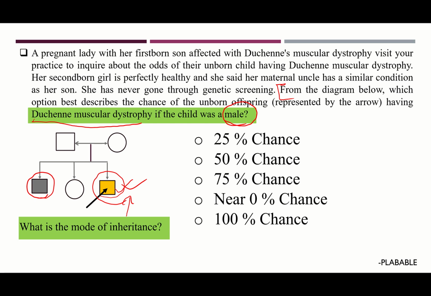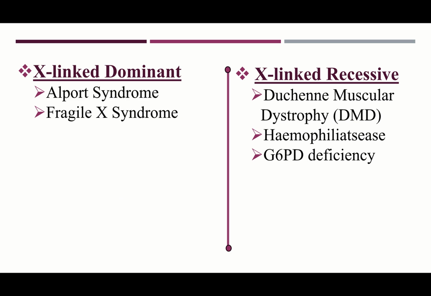Now if you have memorized the examples given in the two slides I had shown you before, you will know that DMD is an X-linked recessive disorder. In X-linked recessive disorders, the females are always carriers and the father, the male, is always affected. So we need to calculate.